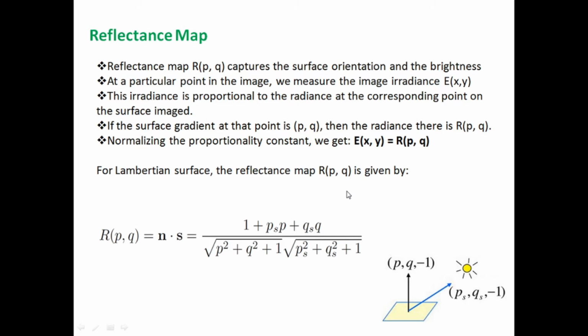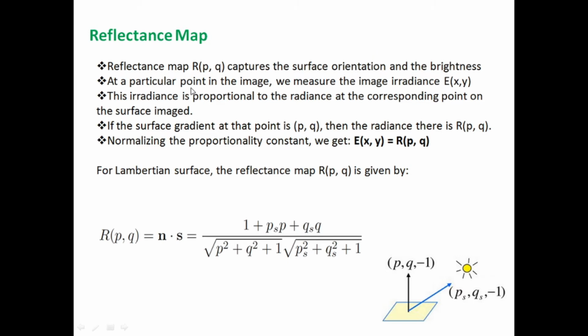So now the surface radiance depends on the local surface orientation as well as the reflectance map. So what is this reflectance map actually? The reflectance map R of P comma Q captures the surface orientation as well as the brightness.